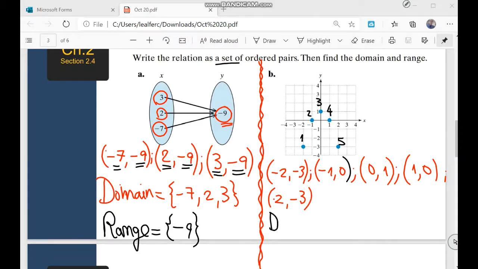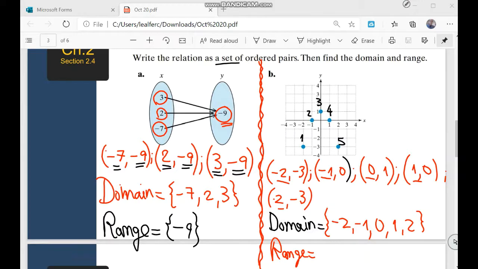Now let's find the domain. Domain, all the x's: -2, -1, 0, 1, and 2. And the range, all the y's: -3, 0, 1, 0 again, don't need to repeat, and -3 again, don't need to repeat.